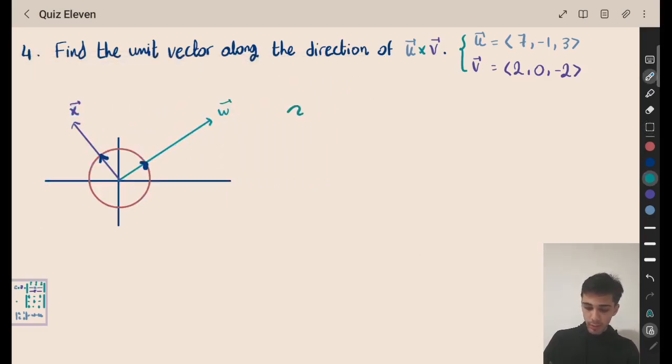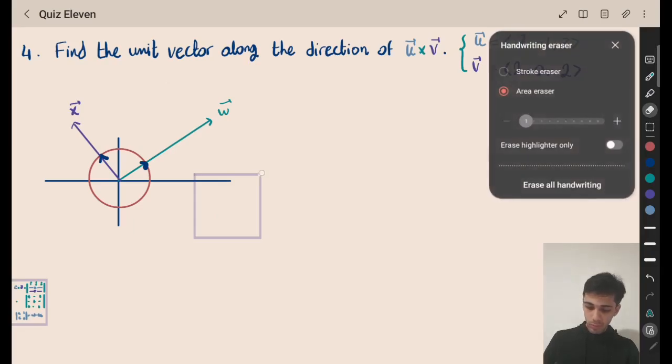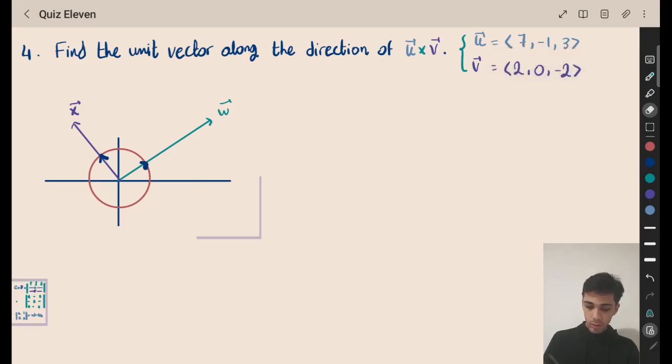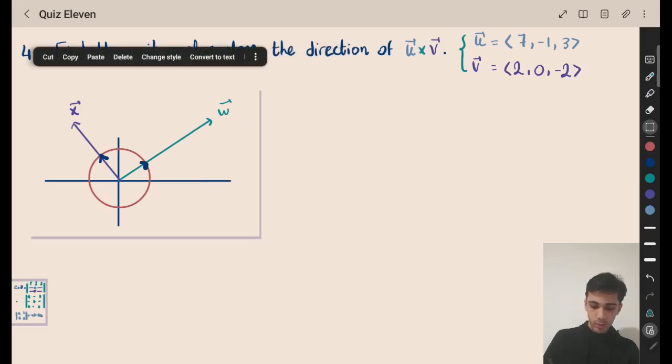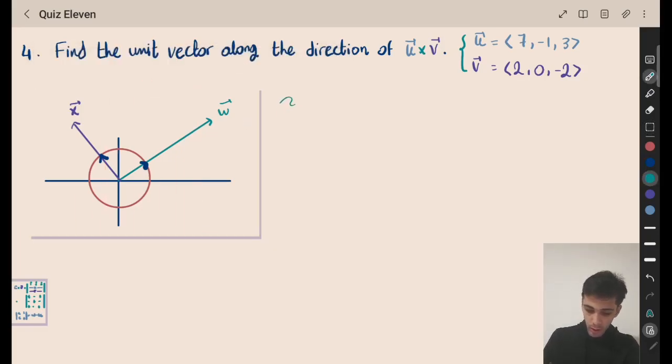And we know that if we have a vector W, then this vector W probably has some norm. Norm is the length of the vector. And it is denoted as follows.